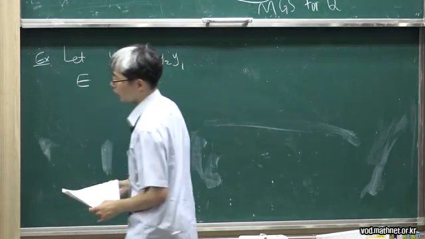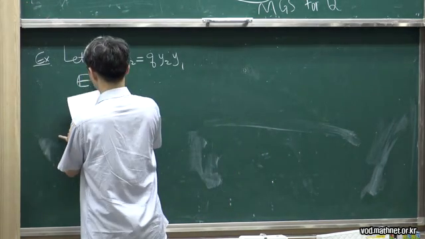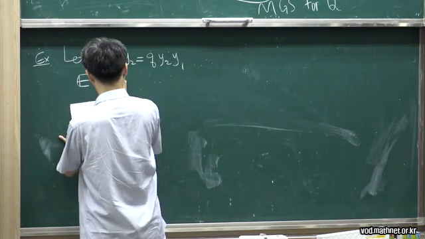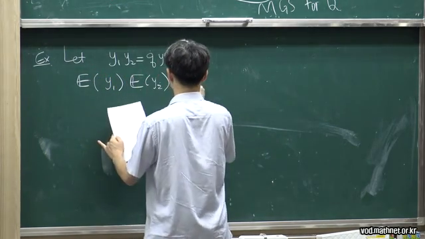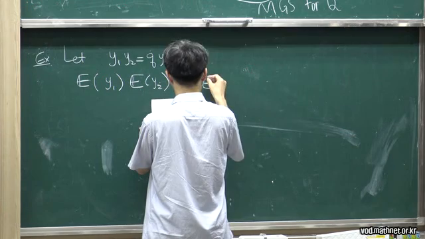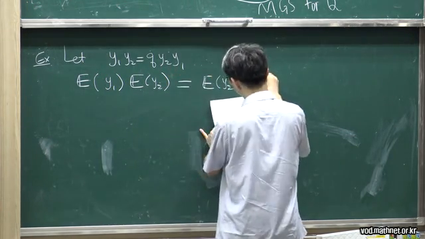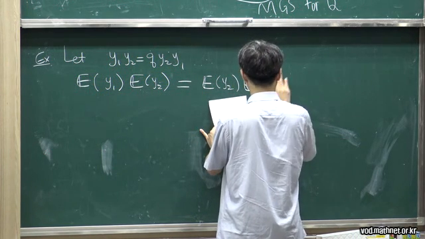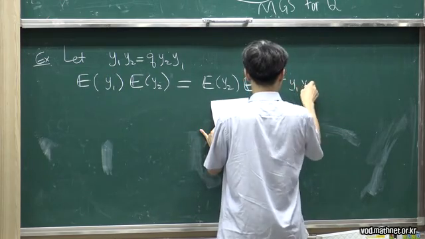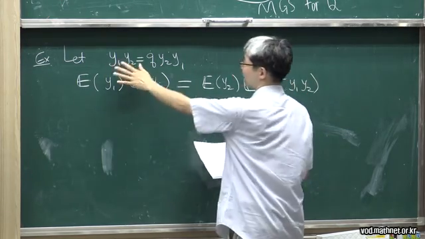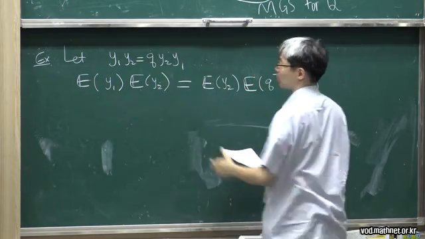And the quantum dilogarithm identity will look like the following. This is just one example of quantum dilogarithm identities. There are many, many identities. y1 and y2 are almost commuting variables except a factor of q.